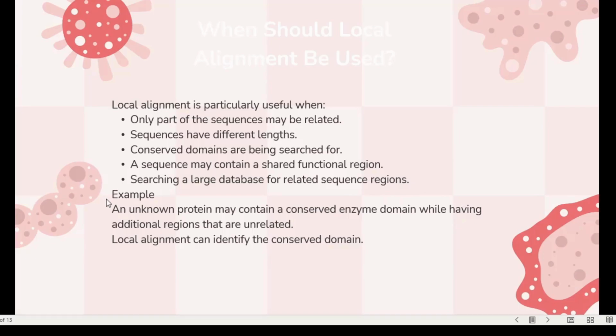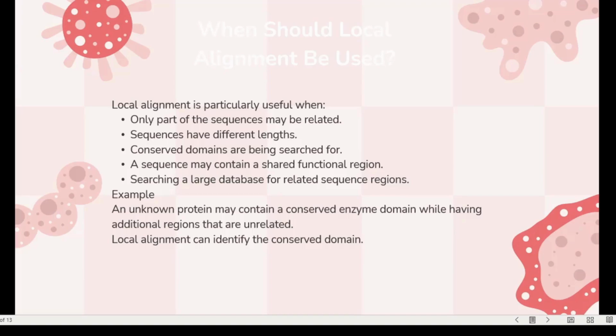Now, where can we use it? One example: an unknown protein may contain a conserved enzyme domain while having additional regions that are unrelated. Local alignment can identify the conserved domains. Suppose we know one enzyme that contains a common sequence; we can find out which other domains are conserved in various species.